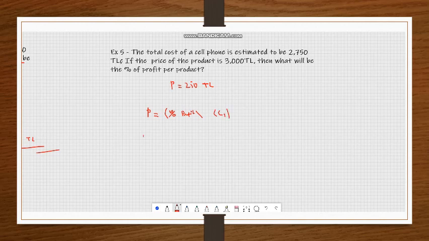So the percentage of profit is equal to profit over total cost, right? So it is 250 over the total cost, 2,750. We need to divide 250 by 2,750.